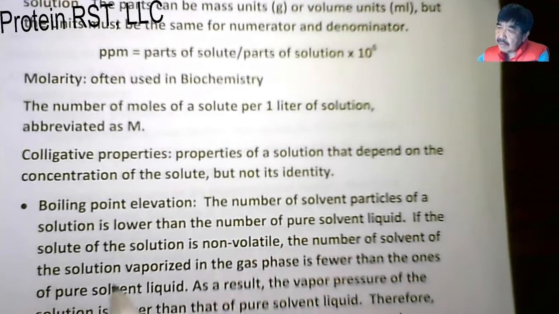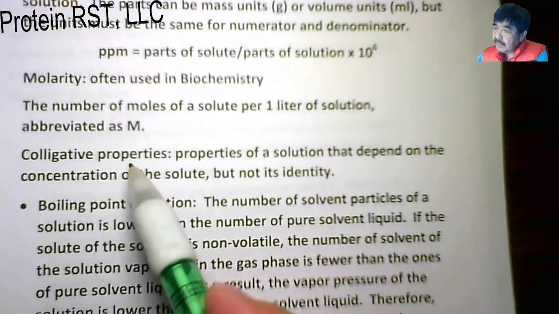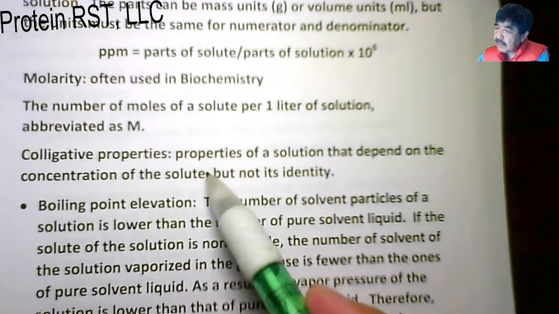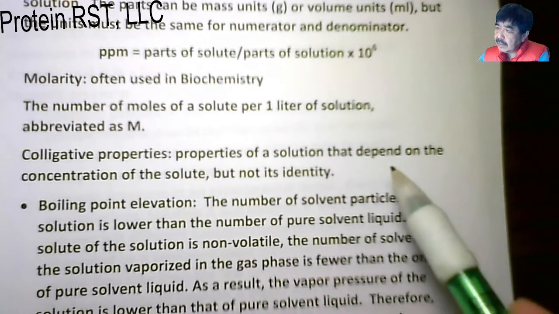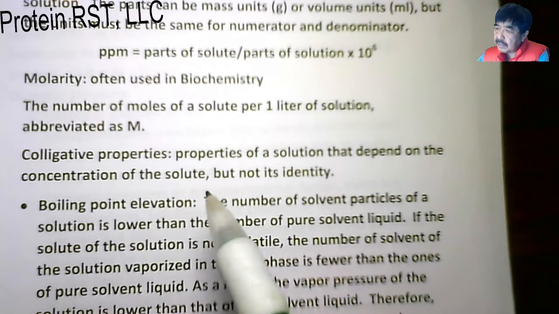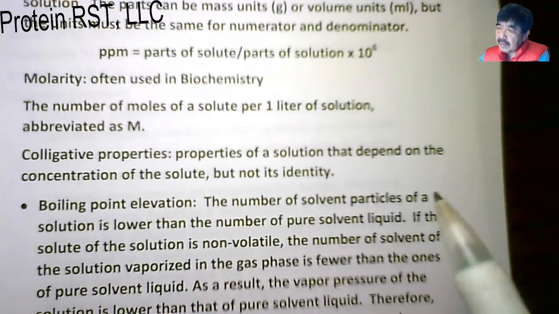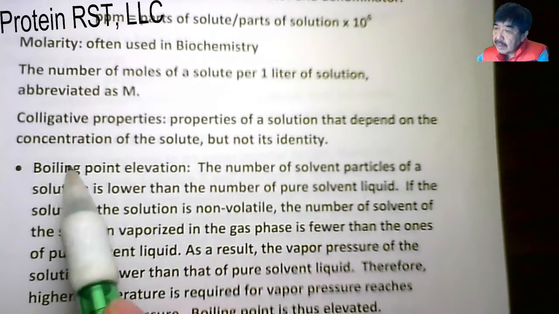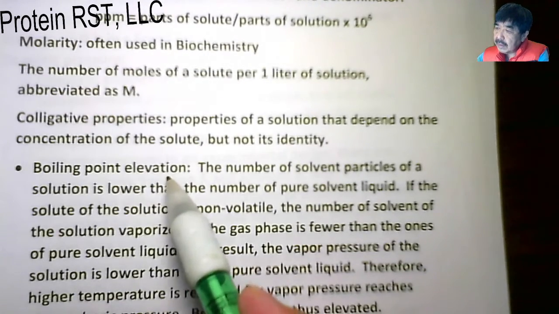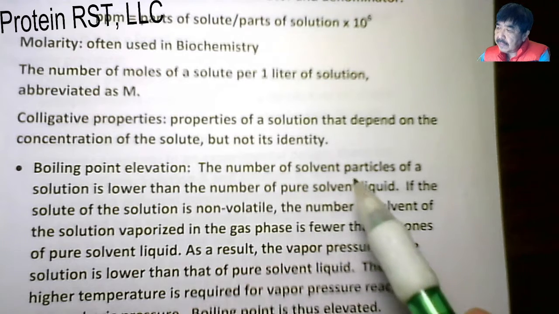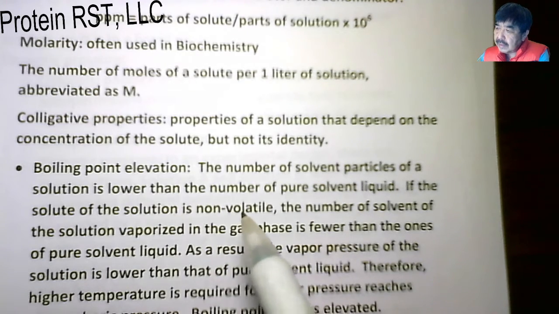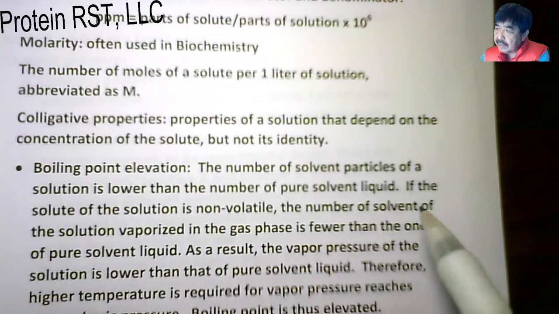Finally, let's take a look at the colligative properties. The colligative properties are properties of a solution that depend on the concentration of the solute, but not its identity. The first one, the boiling point elevation. The number of solvent particles of the solution is lower than the number in pure solvent liquid.